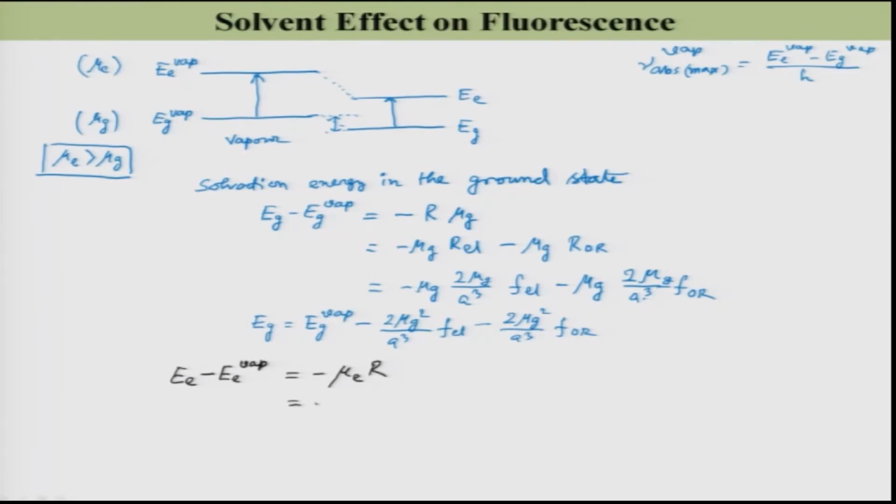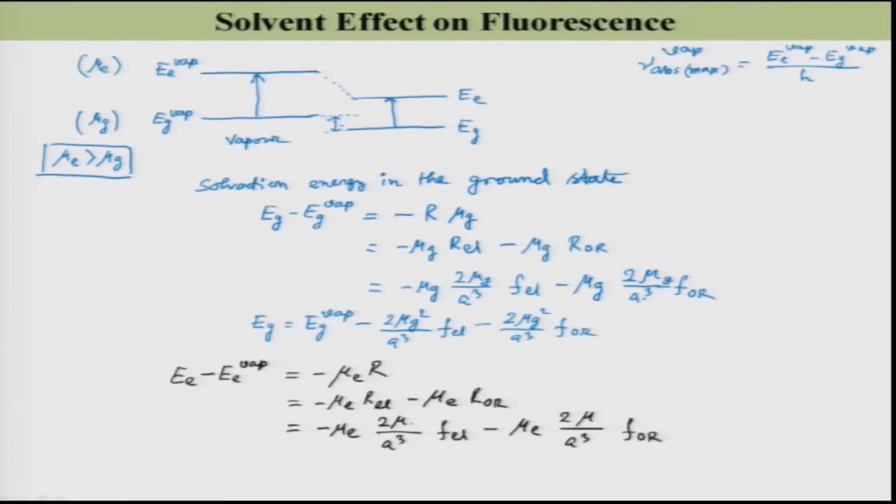So, this is equal to minus mu_E R_EL minus mu_E R_OR. So, this is going to be equal to minus mu_E twice mu by a cubed f_EL minus mu_E twice mu by a cubed f_OR.